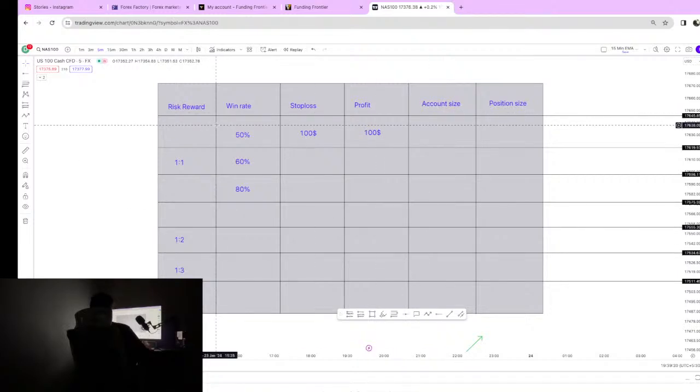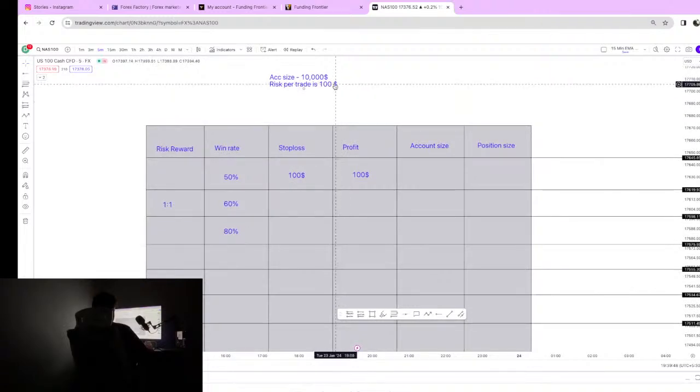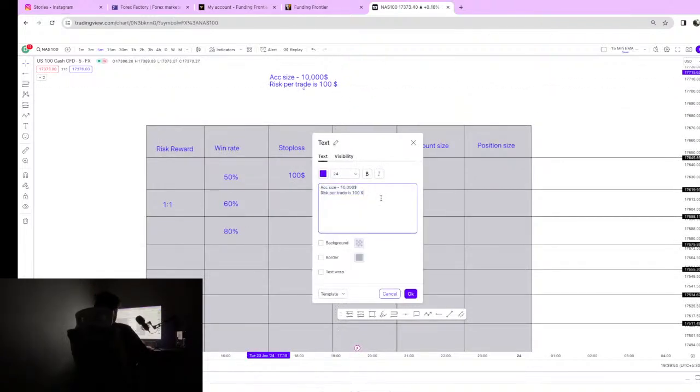All right. So our win rate is 50%. Okay. And our stop loss is $100. Then our profit is also $100 because we are taking 1 is to 1 in account. Okay. What will be your account size and total trades?